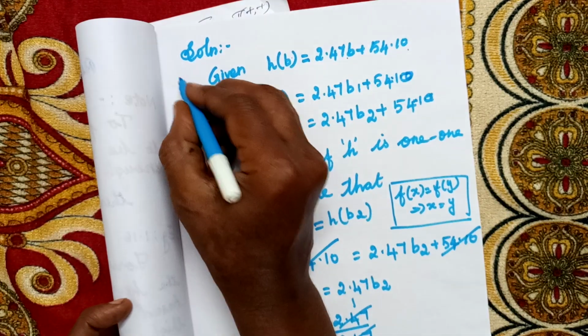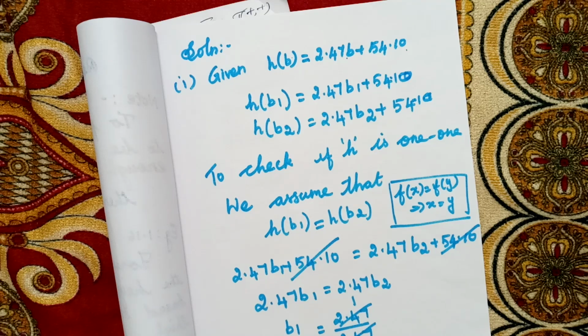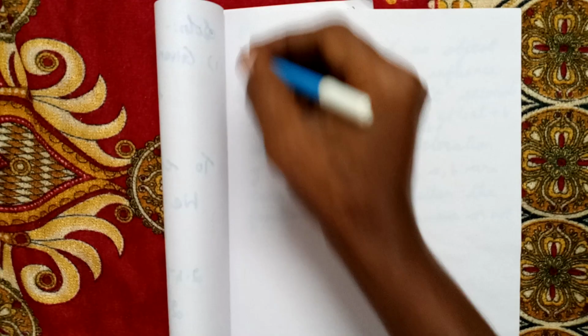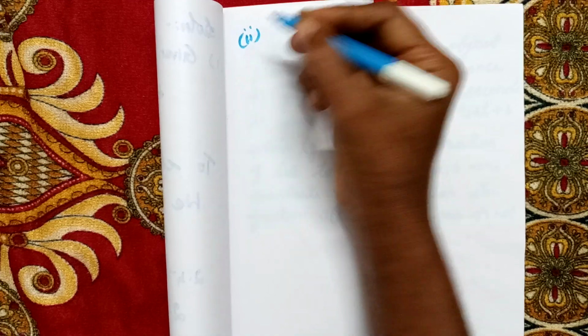This is the first part. Second question, what is the second question there? Also find the height of a person if the length of his thigh bone is 50 centimeter. Second one, length of the thigh bone is given.